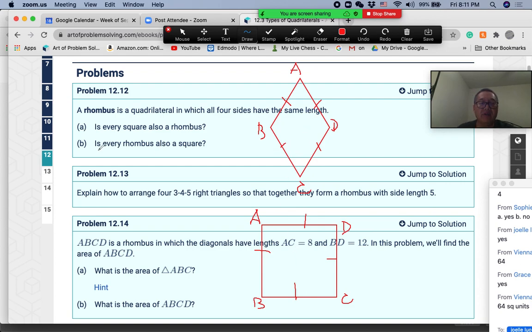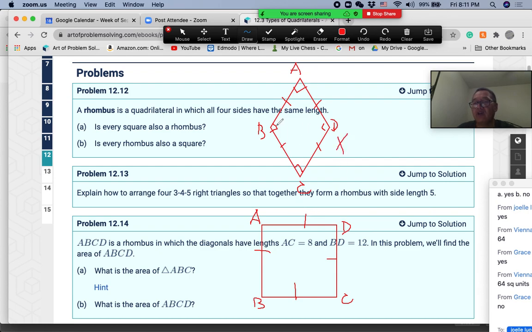Now B: is every rhombus also a square? No. Because if you want to be a square, each angle should equal 90 degrees. If each angle is not 90 degrees, then it's not a square.